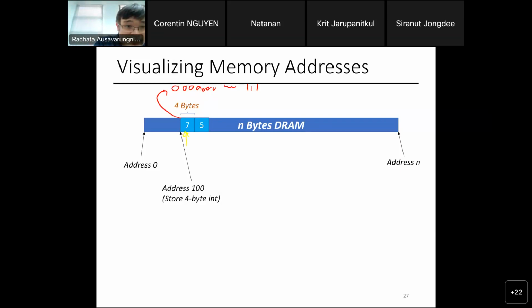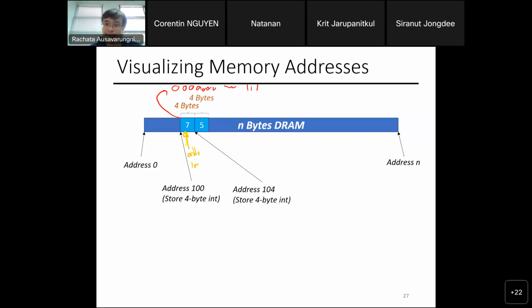So it's 104 because your data is 4 bytes, right? So 100, 101, 102, 103 belong to that guy that has the number 7. 104 will be where the number 5 begins, and it will cover 104, 105, 106, and 107.